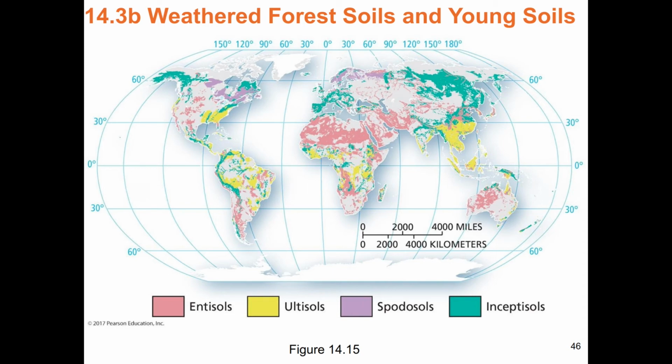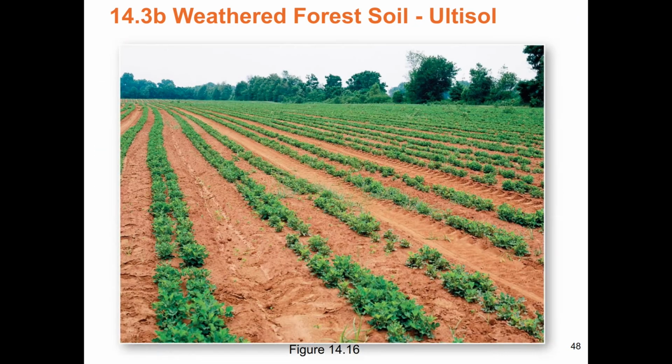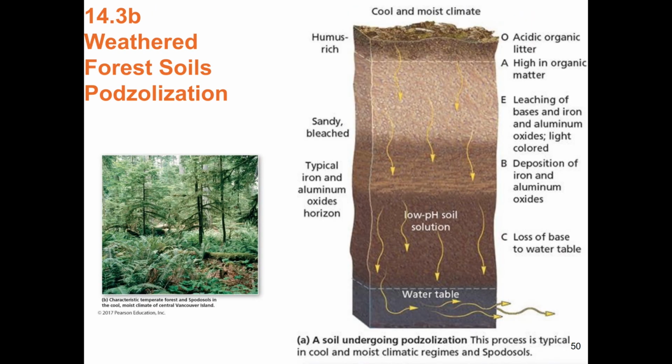We've got entisols. This is the too long didn't read. Podzolization, I'm going to talk about that. Podzolization occurs to make spodosols, pine tree soils. In snowy forest climates, for example, the leaf litter is acidic, and so it leaches out things like iron and aluminum oxides.